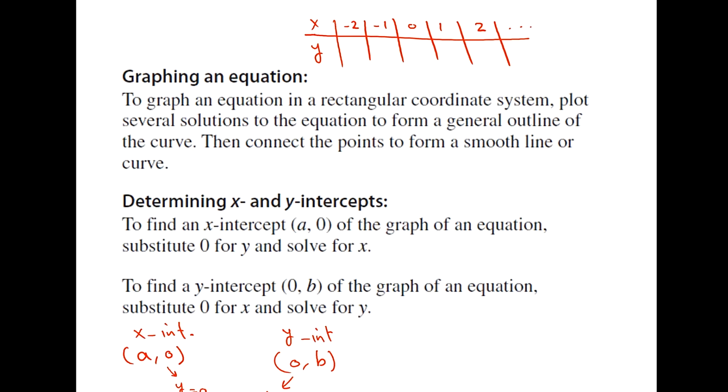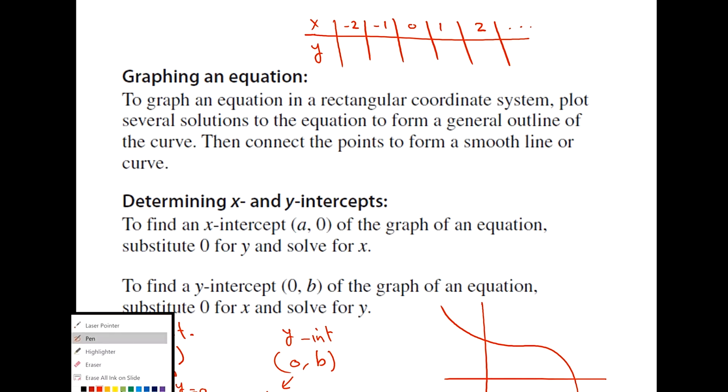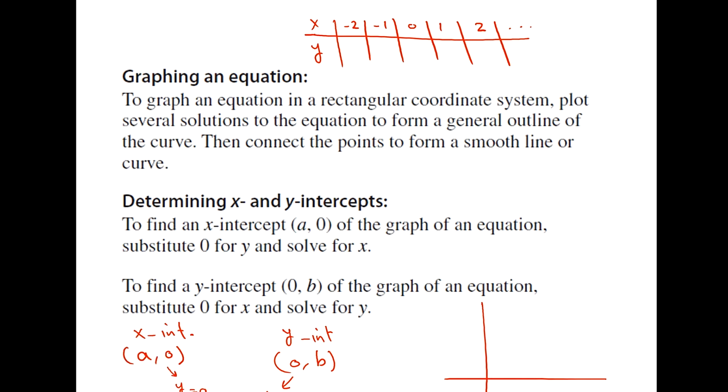What is the meaning of y-intercept and x-intercept? This is the intersection between the curve or the equation and these axes. For any graph, for example, like this, the intersection between the y-axis and the curve is called the y-intercept, and always the x coordinate equals 0.